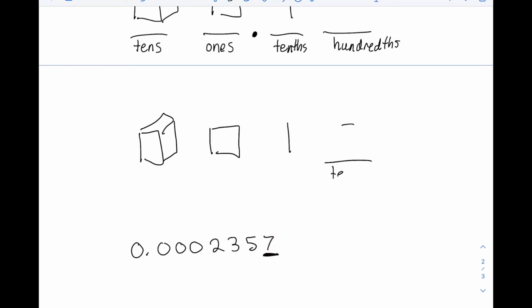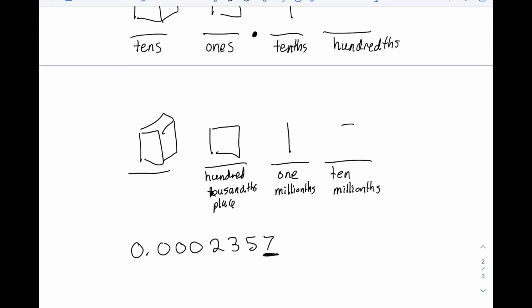So this would be the 10 millionths place. And then stepping over, this would be the 1 millionths place. This would be the 100 thousandths place. And this would be the 10 thousandths place.